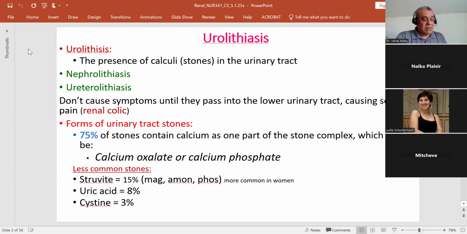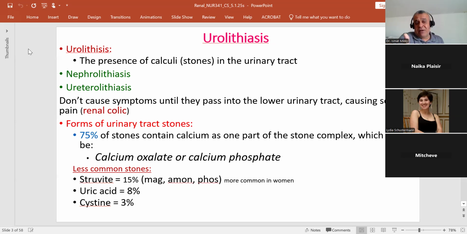So let's go back to the risk factors. First of all, we said urolithiasis, kidney stones, calculi, are the same terminology being used for kidney stones. So 75% of stones, as we said, contain calcium, either calcium phosphate or calcium oxalate.